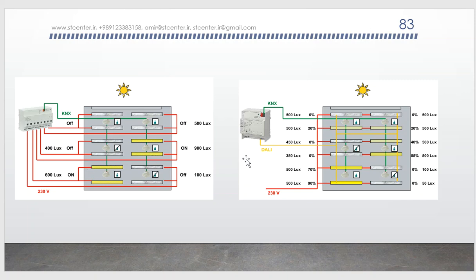Compared to the 1 to 10 volt or phase dimmer, Dali, as you can see, makes our life much easier. You only connect the Dali, the orange one here, to the drivers, and that's it.